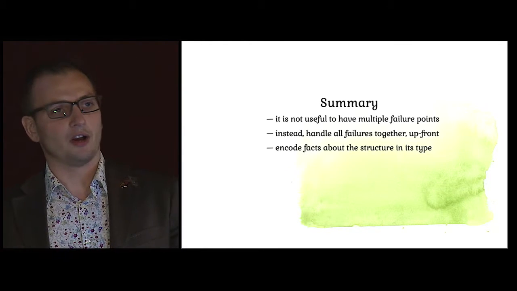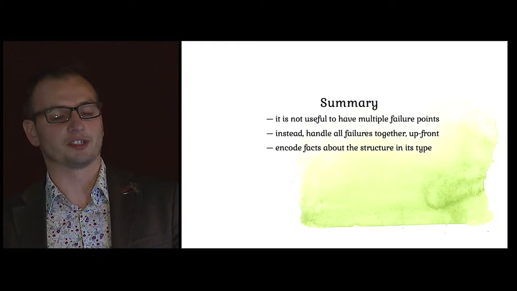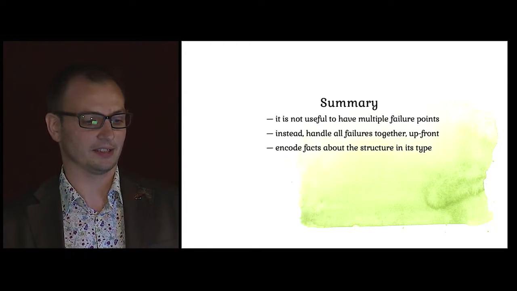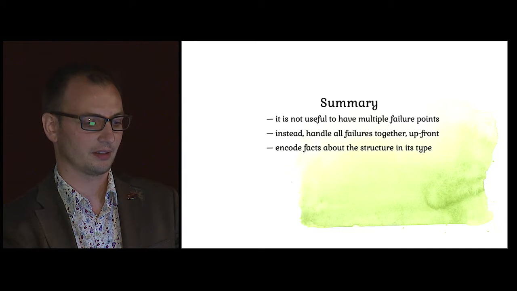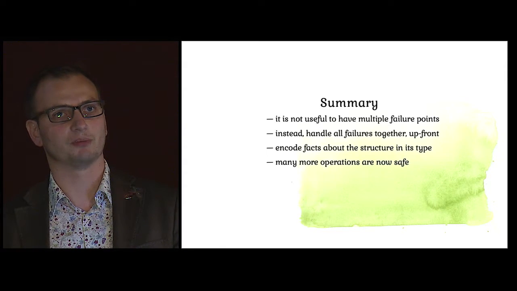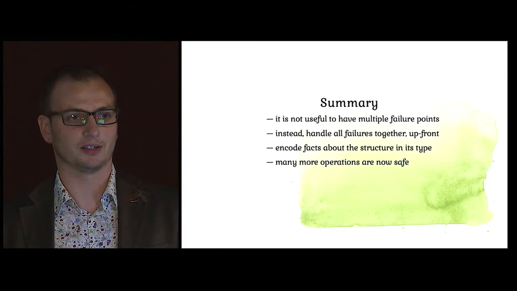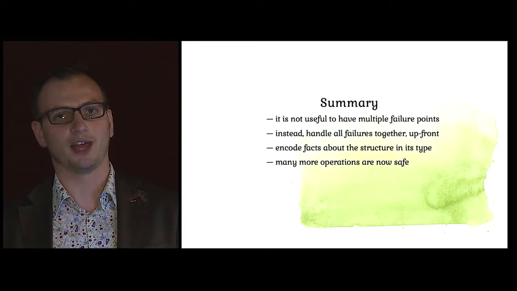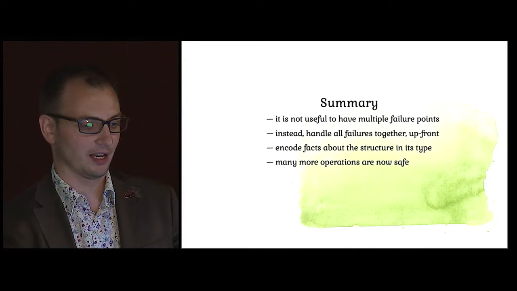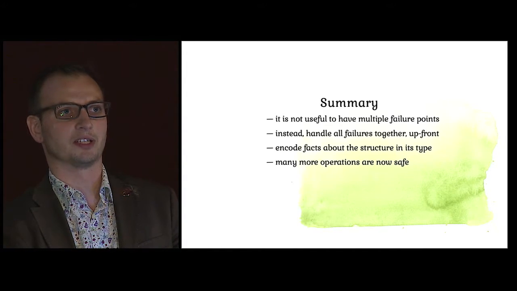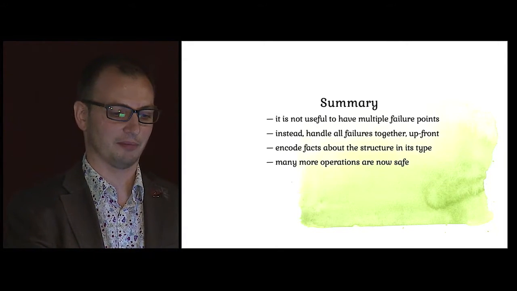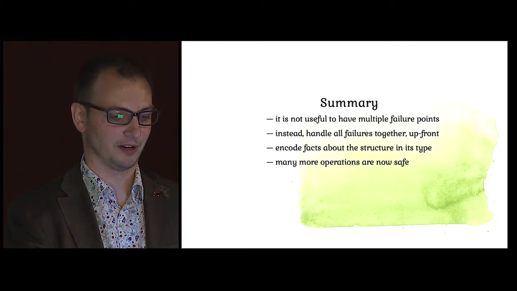And we've done this by encoding facts about the structure of the type in the type itself. Structure of the value in its type. And consequently, the compiler can easily enforce constraints on accesses, on operations on those values, such that we don't have to be concerned with exception handling or anything that might deviate from a happy programming experience.